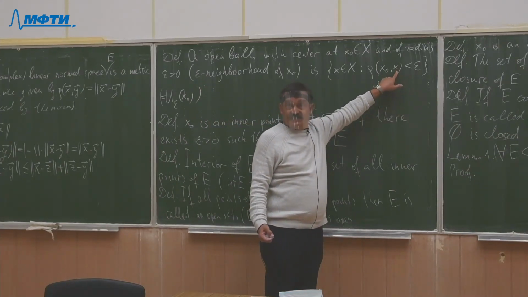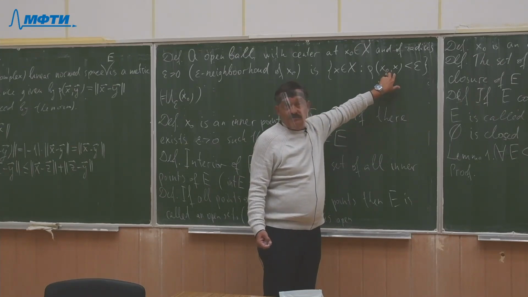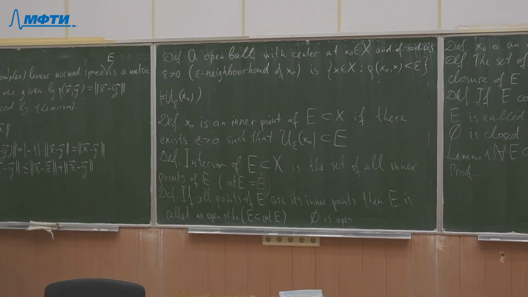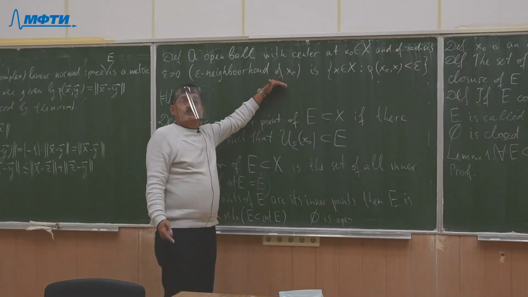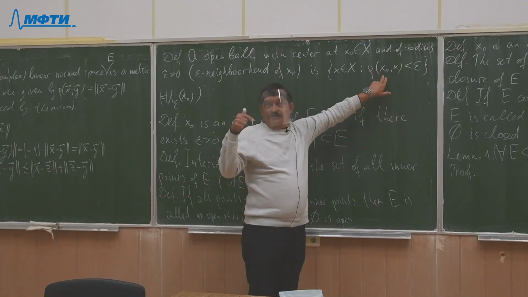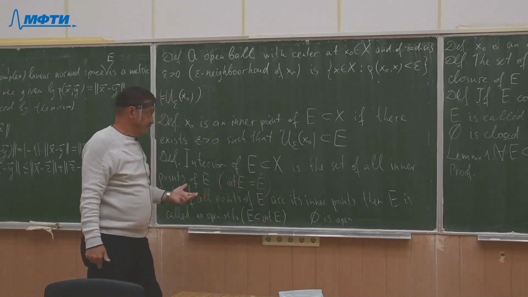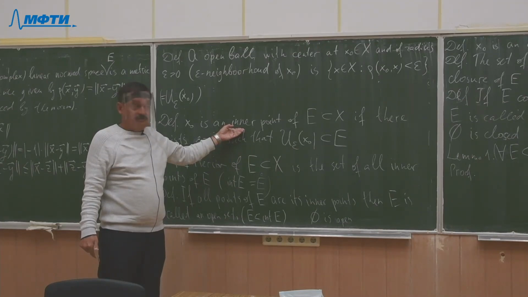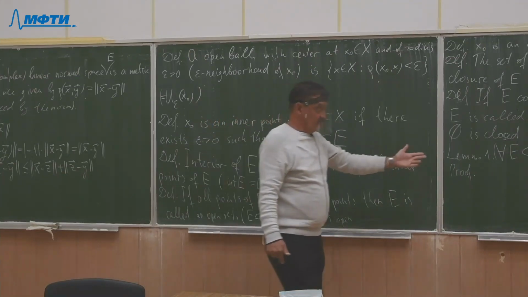The point x naught is definitely in the neighborhood, because the distance rho of x naught to itself is 0, and 0 is less than epsilon. So an arbitrary epsilon neighborhood contains the point x naught itself. And it means that if you have an inner point, then this point is automatically a point of the set itself, right? For sure. That is written here.